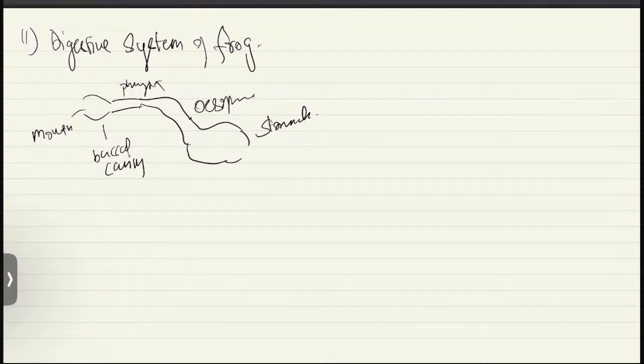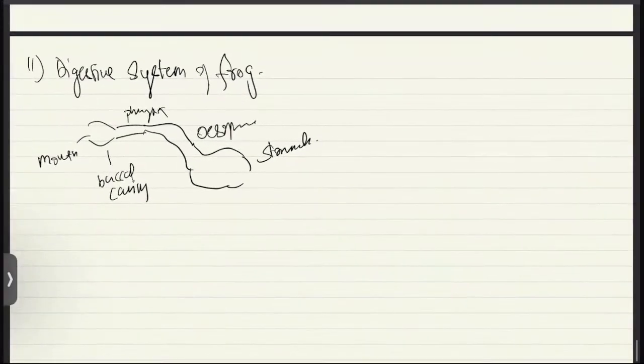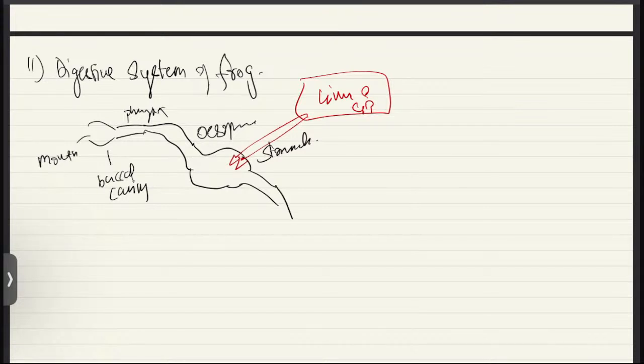What happens is, there is this structure called liver and gallbladder. They pour their secretion into the stomach rather than the duodenum. After the stomach, you will have the small intestine. No duodenum, ileum, jejunum.